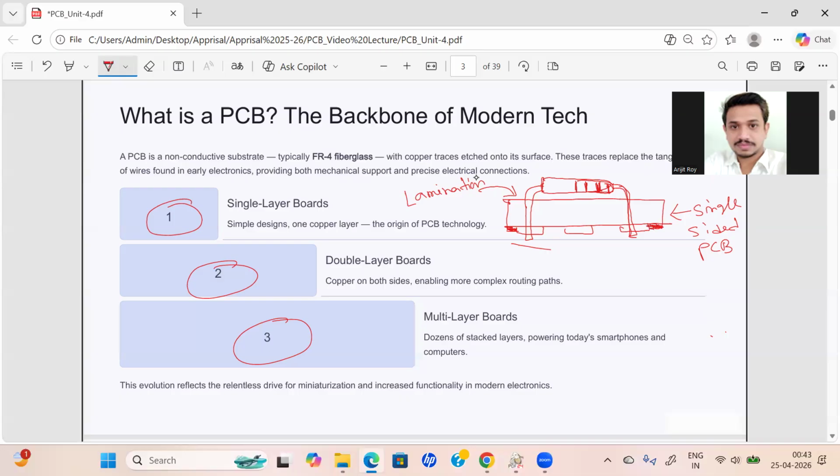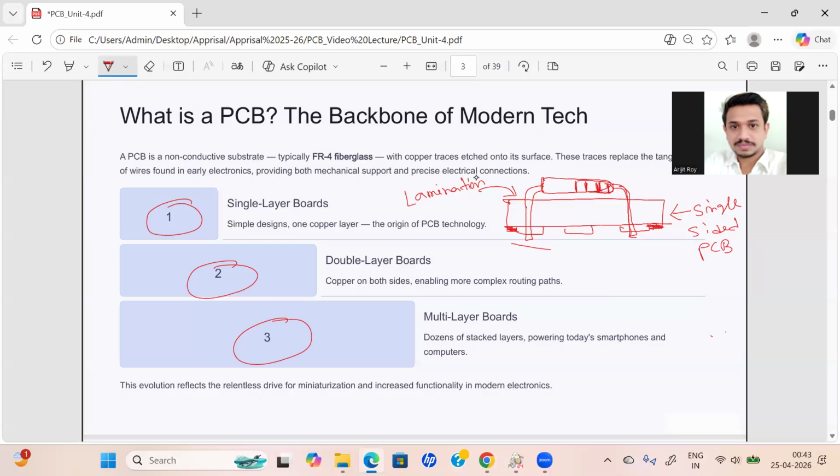Okay, so what are the benefits of single sided PCB? First of all, low manufacturing cost due to simple design, easy to produce, and widely understood by manufacturers, faster production with fewer errors, suitable for high volume, low cost applications.